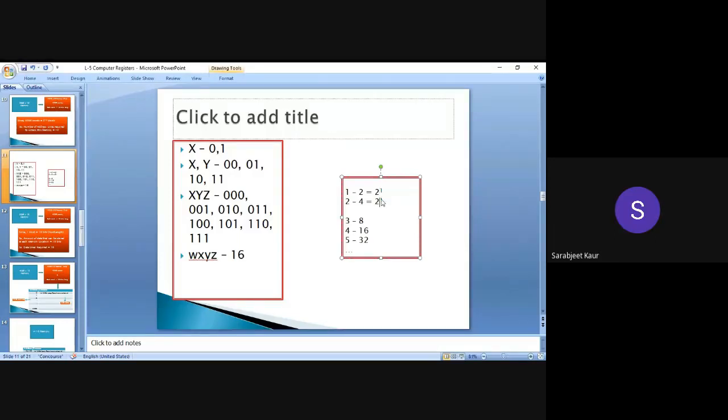I'm repeating this, giving it a lot of time, because this is a very important concept. This is also a kind of numerical. There are a lot of numericals which are based on this concept. So I want you to understand them very carefully.